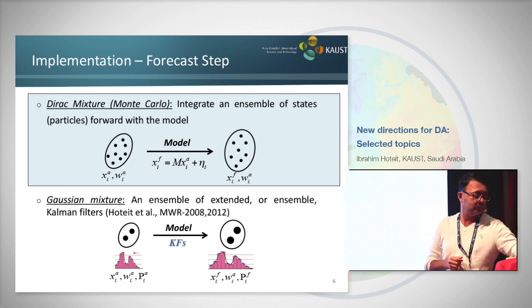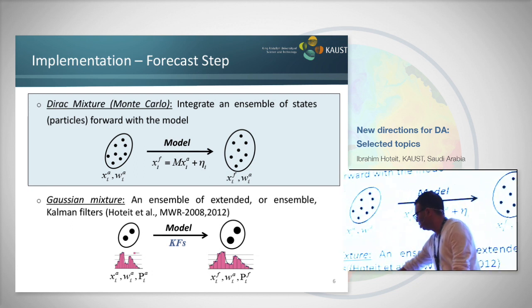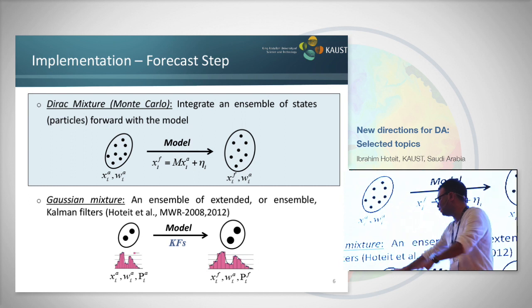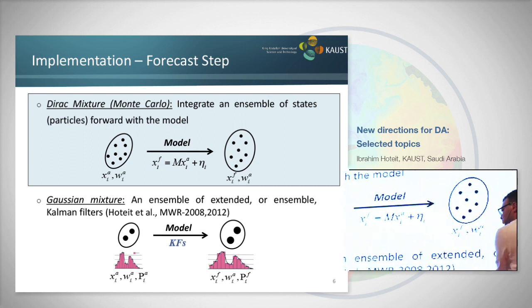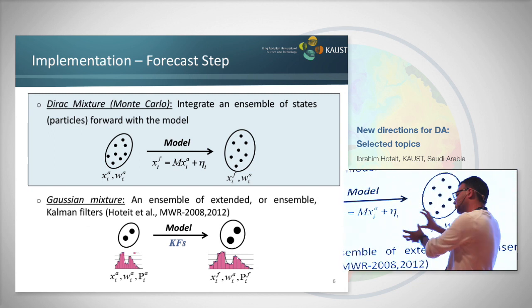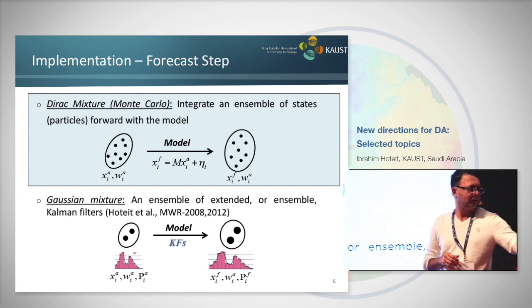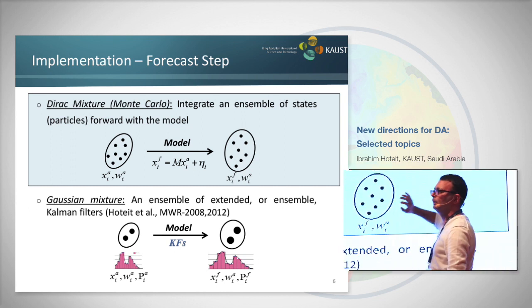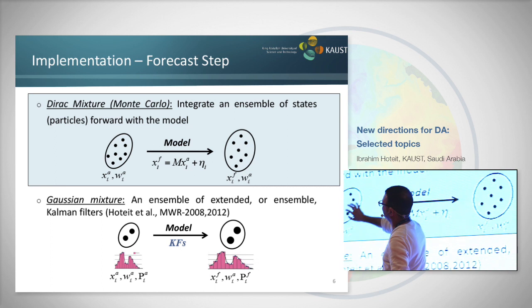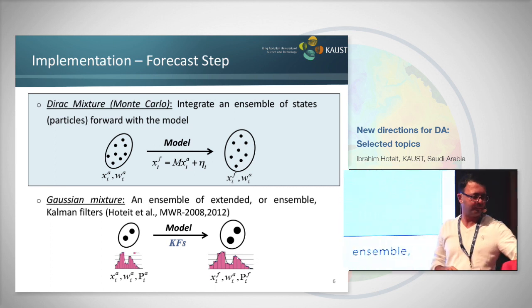This is what we use in eNKF. You can also assume that this is a Gaussian mixture. So you have 2 Gaussians, and what you can show is that you're updating each Gaussian separately. So basically, you're running 2 ensembles separately, and this becomes a little bit heavy. So we'll stick to this one. It's working well. It's just I have a bunch of members, and I'll update them forward in time. Okay?